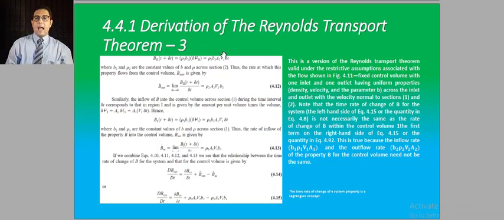So we can have it as this. By now, we know that rho multiplied by delta V is a small m, which is going to be multiplied by small b to have the capital B.